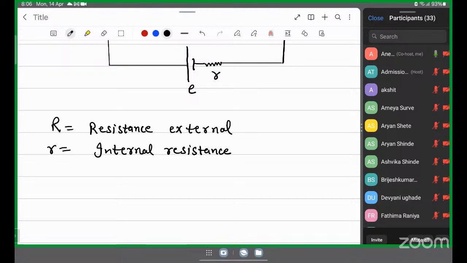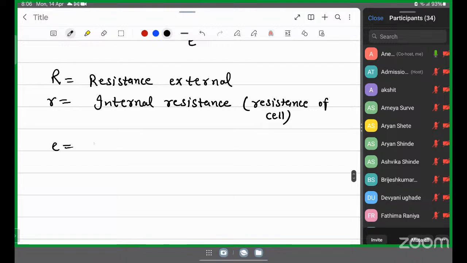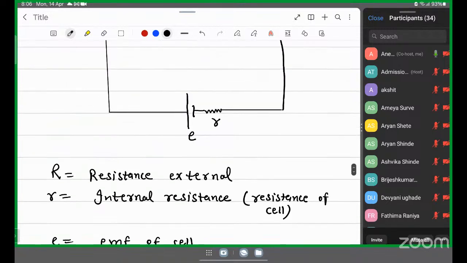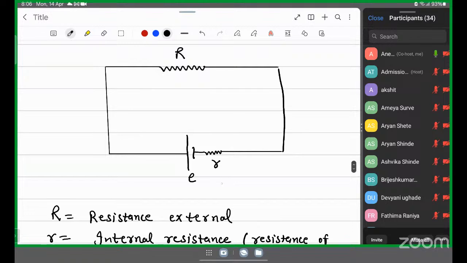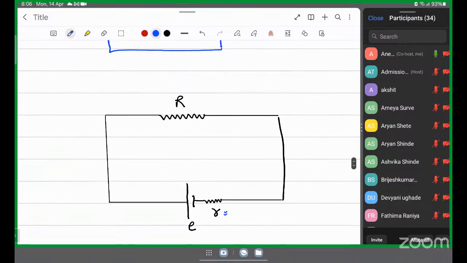Internal resistance means this is the resistance of the cell. It is not of the circuit. And E is the EMF of the cell, which is the overall energy of the cell. Some of the energy will be utilized against small r, and the remaining energy will be utilized for the capital R resistance.